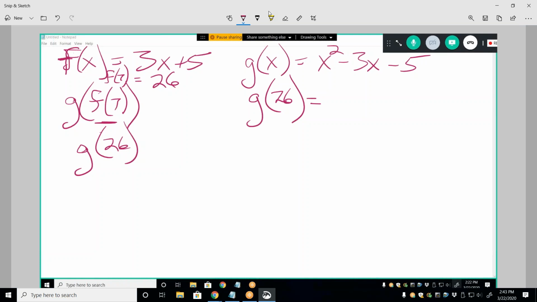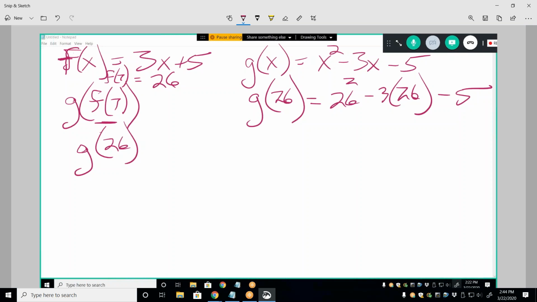So that's what? Oh man, I can't do 3 times 26 in my head. Well, just write it. Just tell me what I'm going to do. So it's 26 squared minus 3 times 26 minus 5. That's always what you want to do, no matter your level of math ability. If you want to avoid making mistakes, it's always best to fill it in and then go from there.